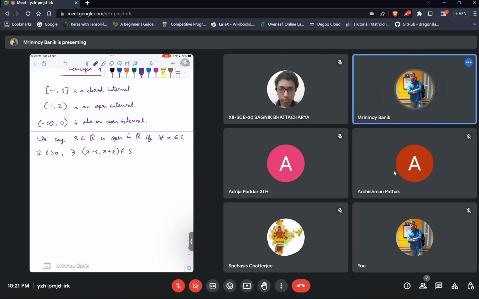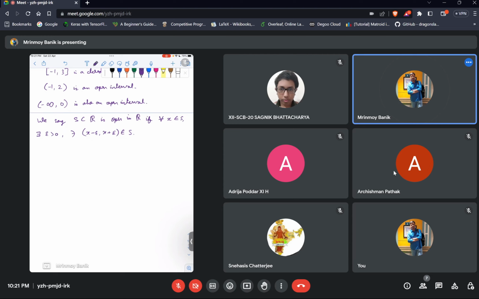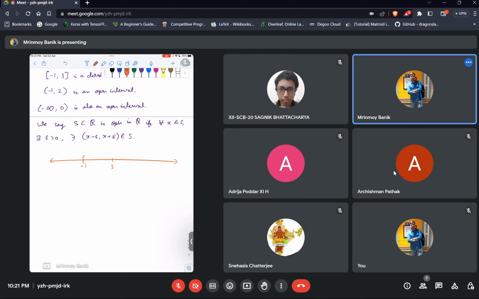So you see what the definition says. Let's imagine this is the number line, and this is -1, this is 3. Let's say 2 first.